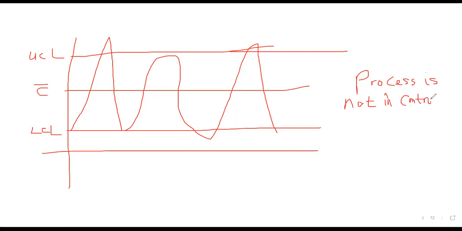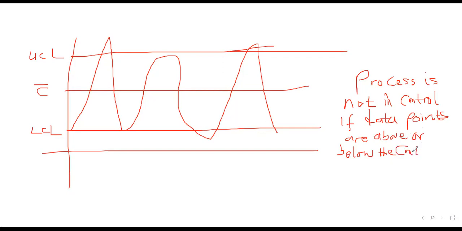Why is the process not in control? If data points are above or below the control limits.